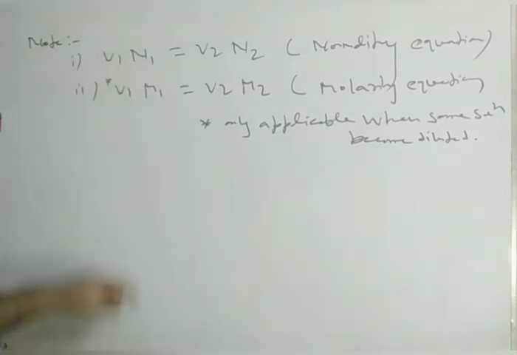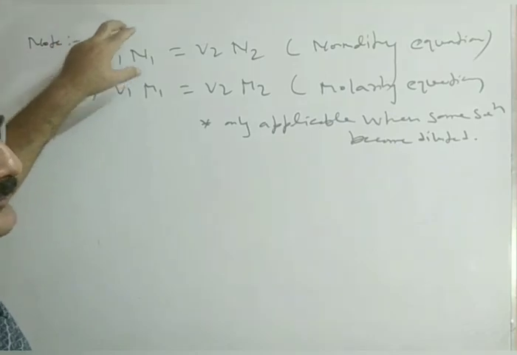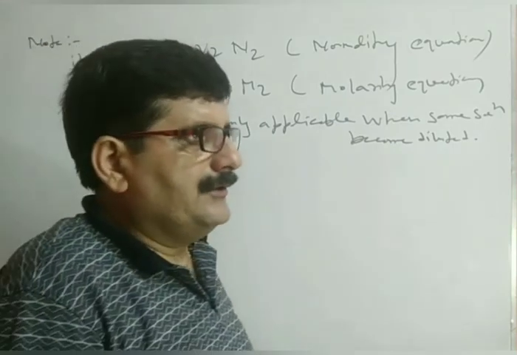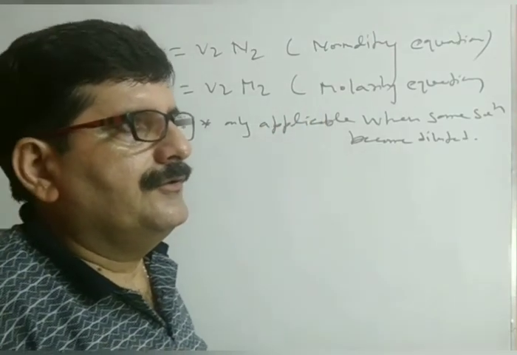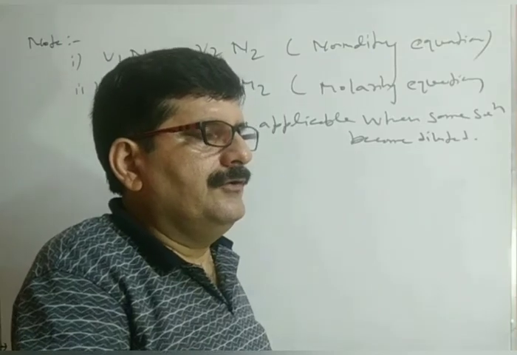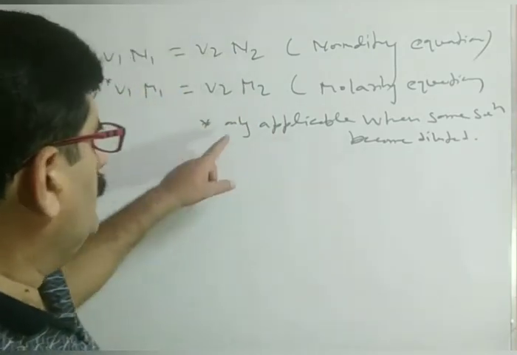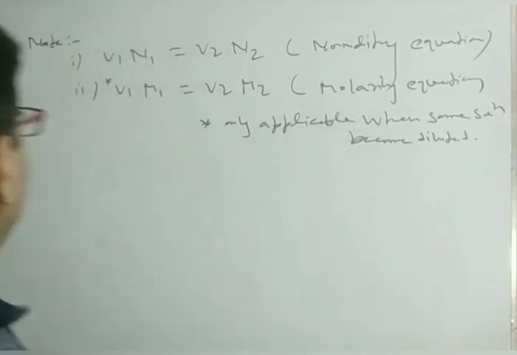Means what? In the first equation you can change solute and solvent, but in the second one solute and solvent become what? Fixed. You must add excess solvent for fixed solute. Therefore, we can write only applicable when the same solute becomes diluted.